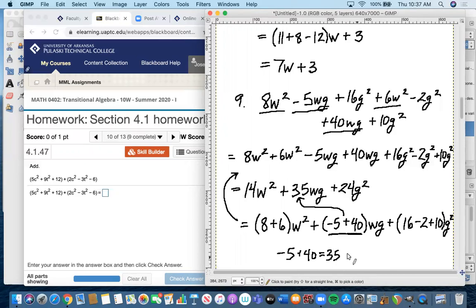So let's say wg or just x, right? -5x plus 40x is equal to 35x. It's almost like the x's don't even matter. You just carry the variable along with you. Okay, yeah, good question though.